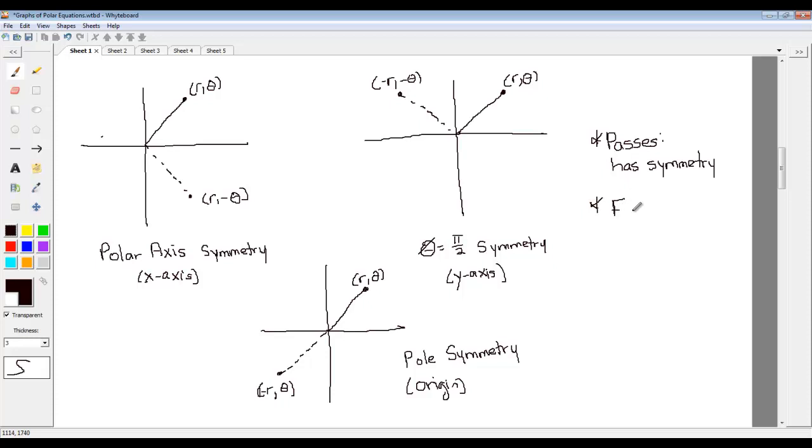If it fails the symmetry test, it may or may not have that symmetry. So failing doesn't automatically rule it out. Passing definitely rules it in, but failing, it still could have that symmetry. You really don't know until you start graphing it and picking points. But that could be useful down the road.